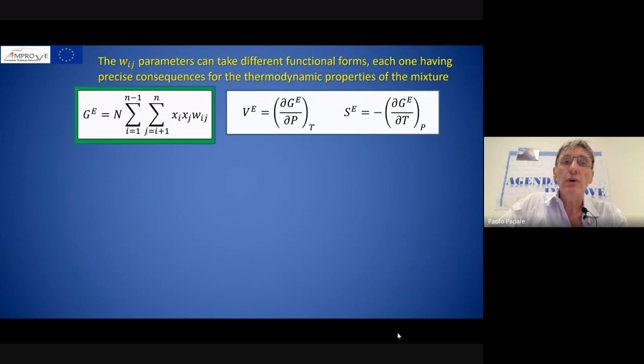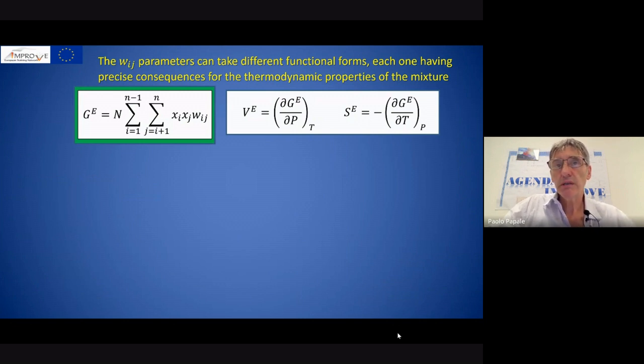Let's focus on volume first. Volume is the pressure partial derivative of Gibbs energy, and similarly, the excess volume is the partial pressure derivative of the excess Gibbs energy. Consider the case where the binary interaction parameters do not depend on pressure.